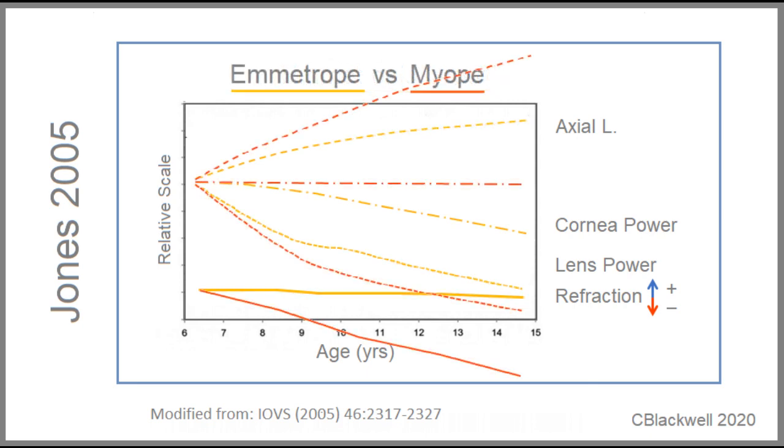For myopes, here the red lines, relative to emmetropes, corneal power remains higher, while lens power drops lower, which tend to offset each other. The big change is axial length, off the top of the chart, while myopia increases off the bottom of the chart, in agreement with other studies that axial length is the controlling factor in myopia development.